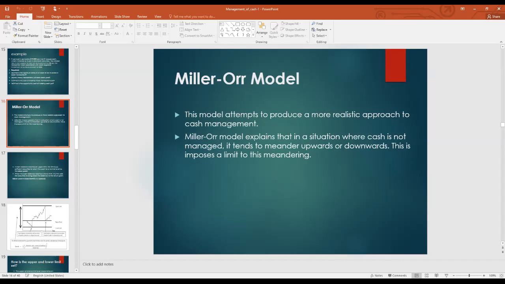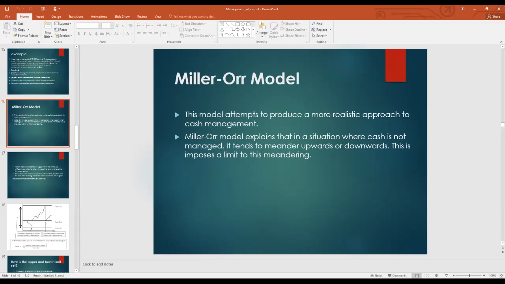Now, I think we did make an introduction last time, but either way, let's reintroduce the model. One of the key drawbacks of the Baumol cash management model was that there are a number of assumptions that we make that might be unrealistic. There are some assumptions that, in reality, don't apply.